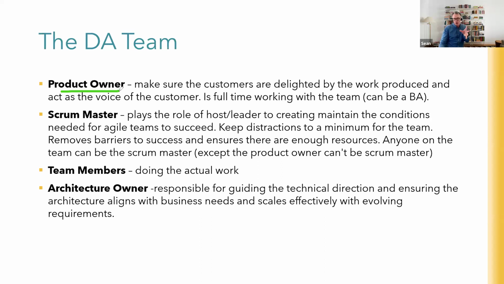They own it. But they should be working with the team. Absolutely should be working with the team on a daily basis. They're not the client. They are part of the team, but they own the software within the organization. It's their responsibility. They're the person who's asking for the particular features or things to be added to it, and they'll be the ones who prioritize that product backlog as well.